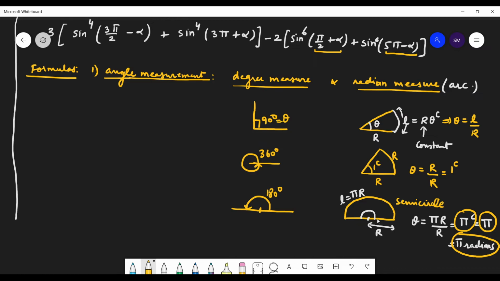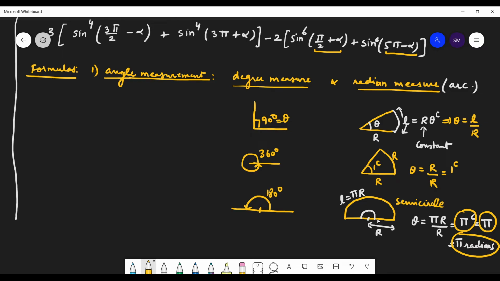In the second, only sine is positive and its reciprocal cosecant is positive. Here tan is positive, so its reciprocal cot is positive, and in this fourth quadrant cos is positive. All other trigonometric ratios are negative. Cos and secant are positive. So students, I hope you have noted it down. Yes.